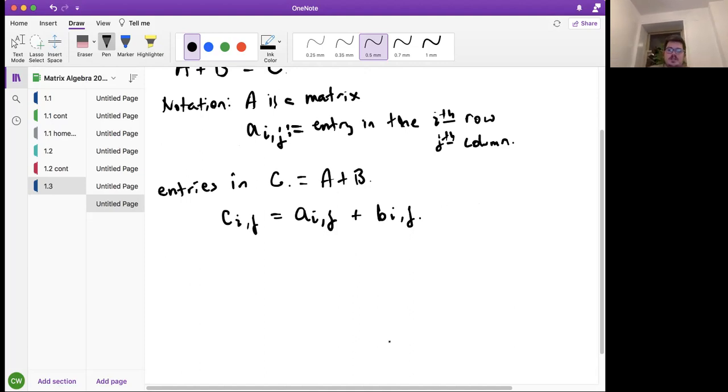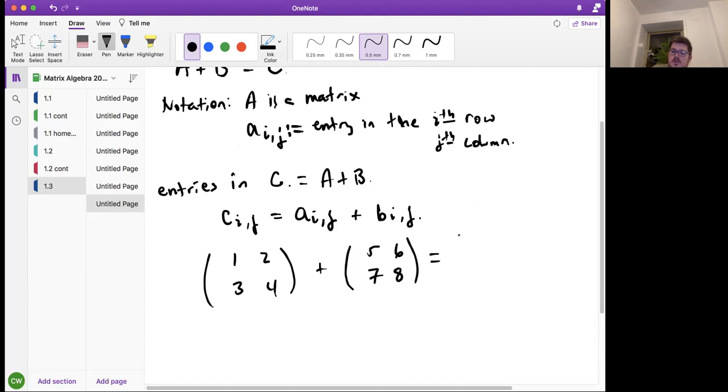So for example, let's just do an easy one. So here are two matrices. What we're defining as matrix addition is that, well, let's look at the 1, 1 entry.